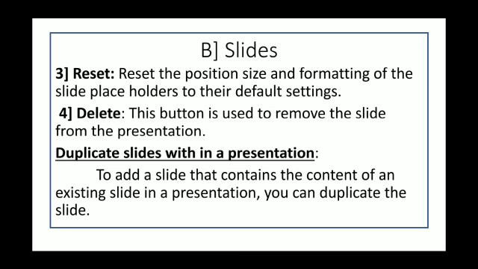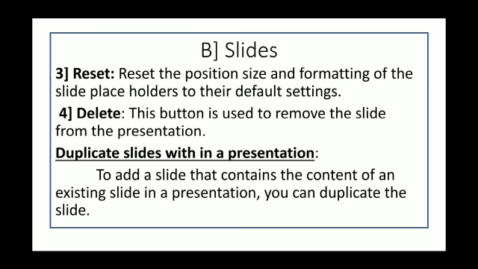Okay, these main options are there in your slides group. And one more thing: if you have already created one slide and you want the same copy of the slide, then in the office theme, below the layouts, you have one option, that is duplicate slides within a presentation.